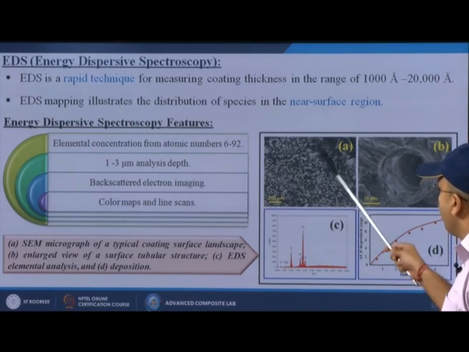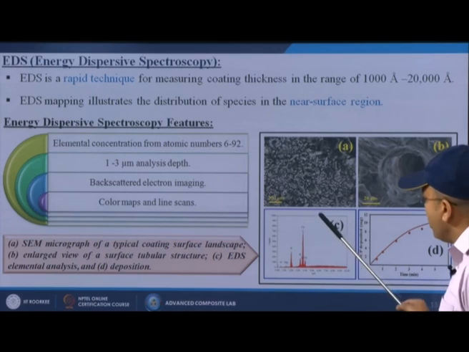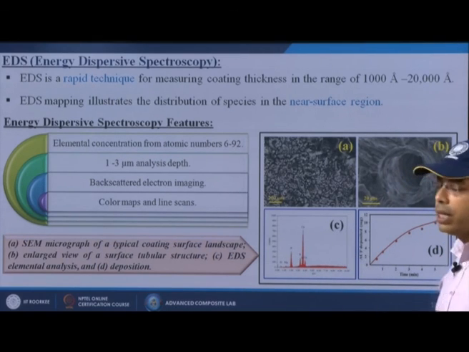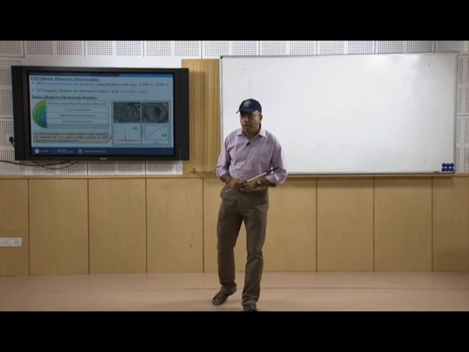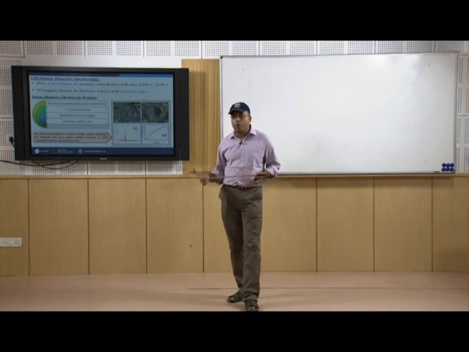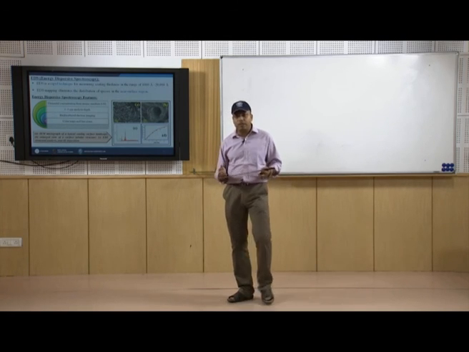Here it is giving you the FESEM image, and also the elemental analysis, that is, what percentage of different materials are present in the coating materials. Suppose I am giving a copper or aluminum coating, then what is the percentage of aluminum present, what is the percentage of magnesium, what is the percentage of oxygen, maybe carbon, maybe nitrogen present in the species.